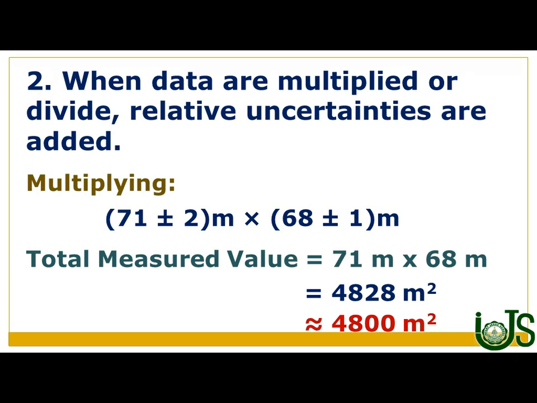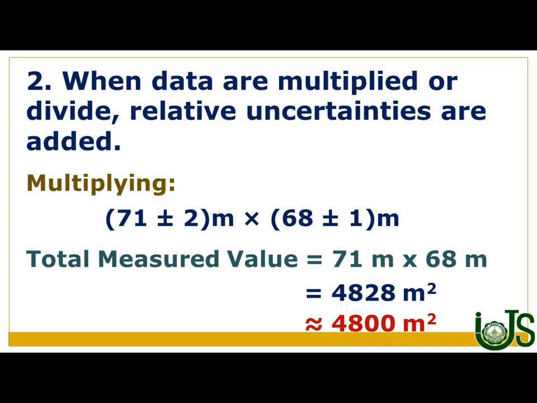squared. Ito yung gagamitin natin as your final answer. But, if you are going to use the total measured value in the process or solutions, kailangan natin gamitin yung original answer niya, which is 4,828 meters squared.